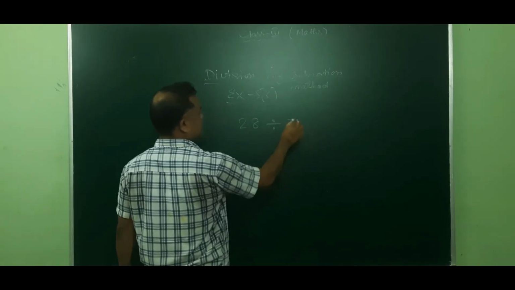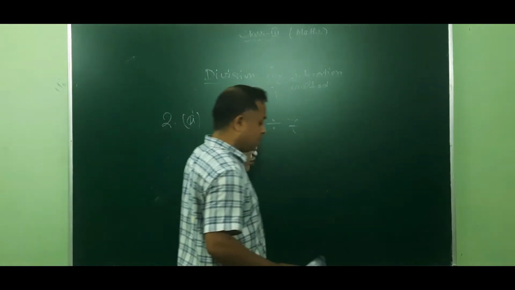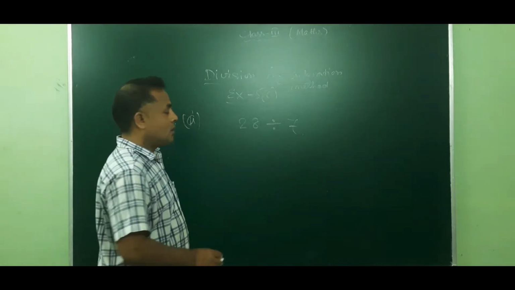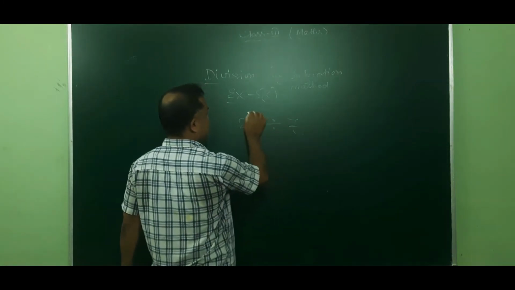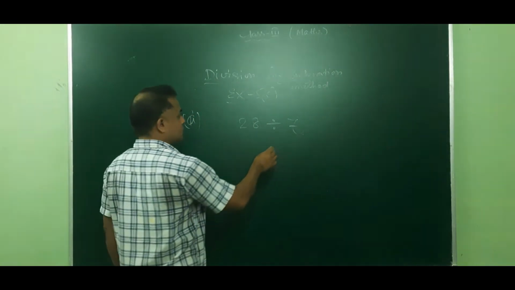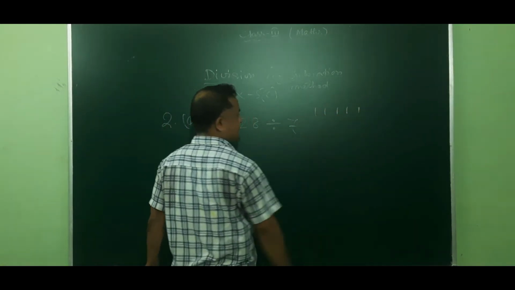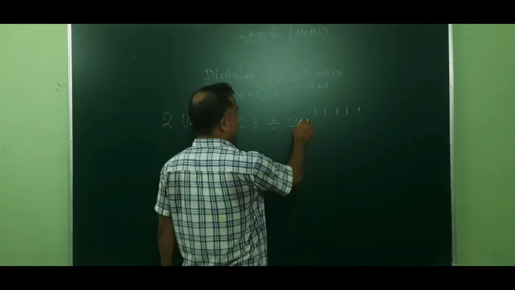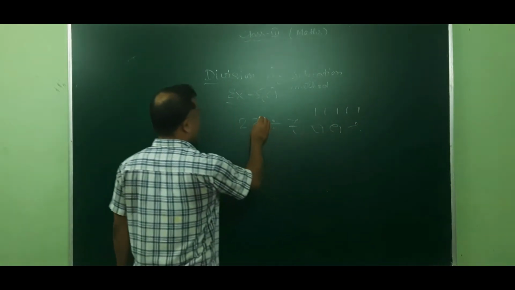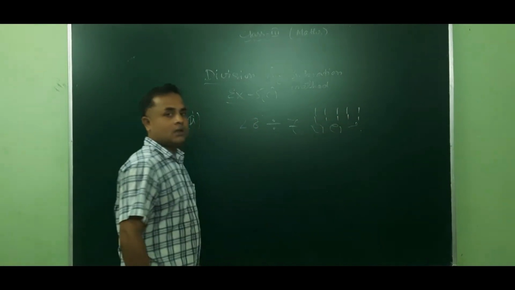So this 28 I will divide by 7. This is the dividend and this is the divisor. So if I give out 7 to any persons, or if I fill 7 in any things, glass or tray or something, out of this 28, how much will each of these get?